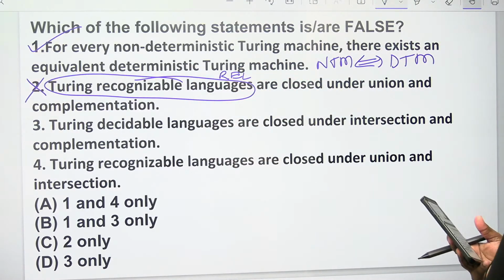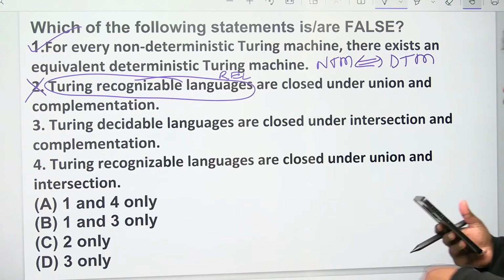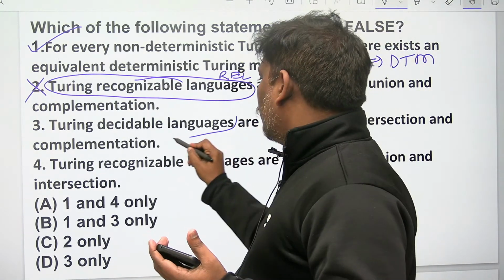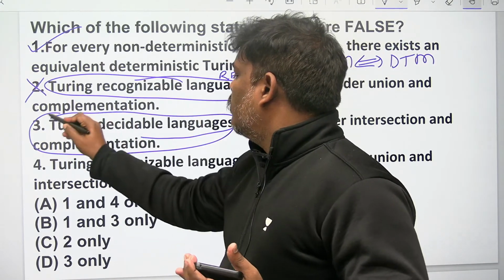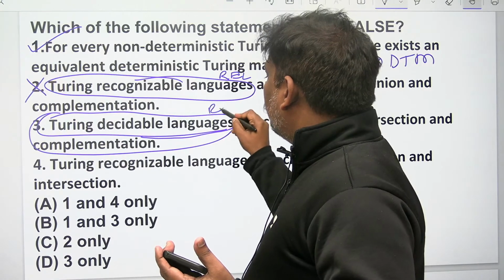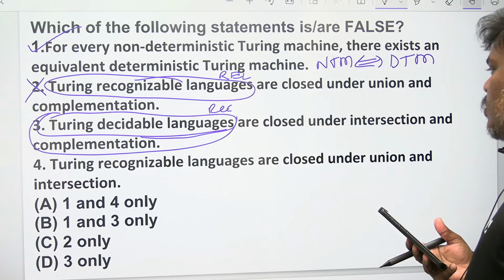Next one, Turing decidable means REC. RECs are closed under intersection and complementation.